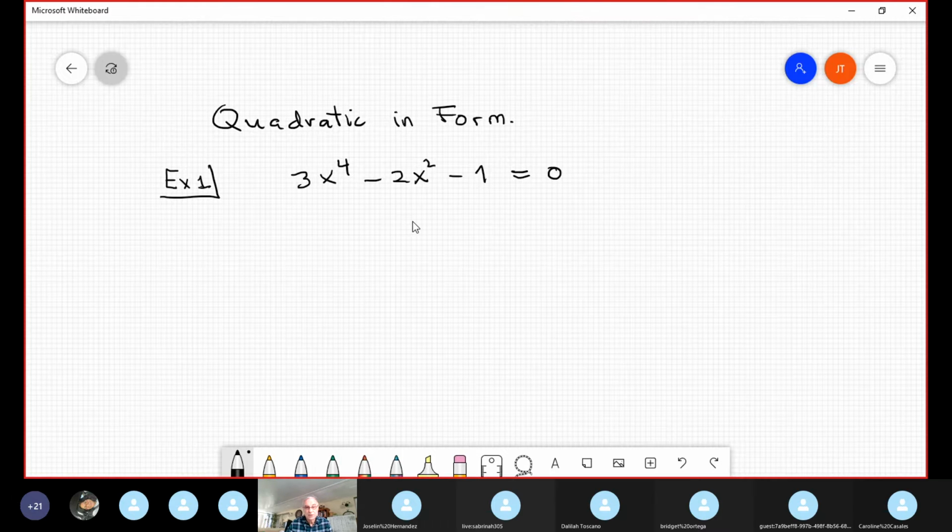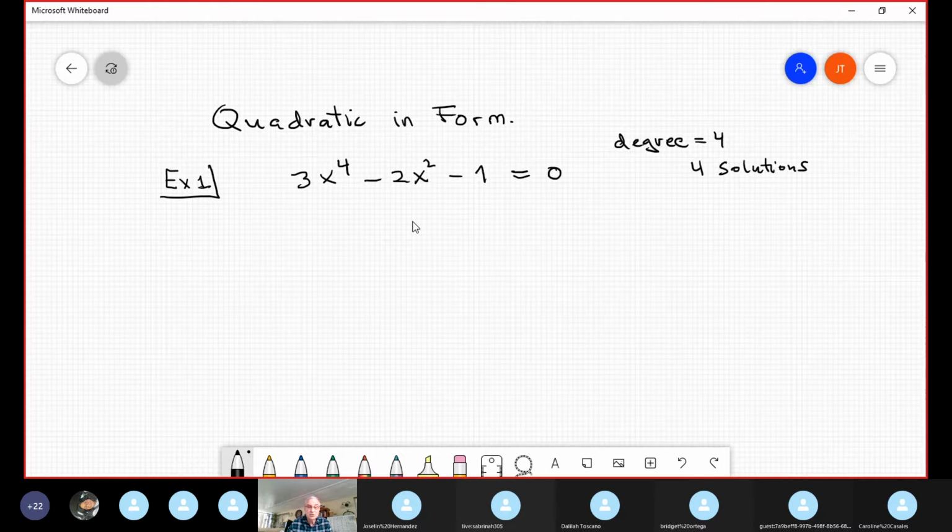Well, actually, this is not a quadratic equation because the degree of this equation is 4. Remember, degree is the highest exponent. Therefore, it's a polynomial equation of degree 4. And in algebra, when you have a degree 4 polynomial equation, we have 4 solutions. So when you finish this problem, we get 4 solutions.